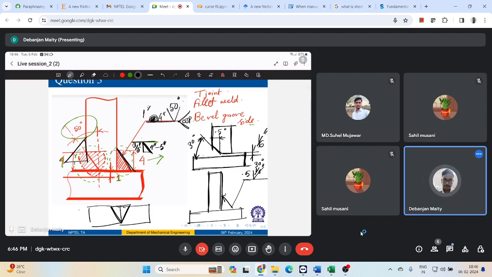Another thing is that your throat measurement should be given on the left of the weld symbols. These are a few things which we need to remember every time to have a proper understanding of the weld symbol.